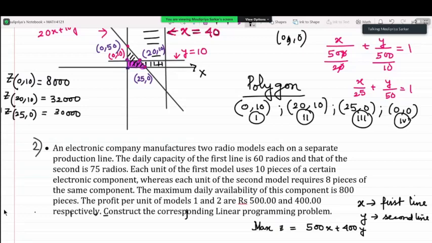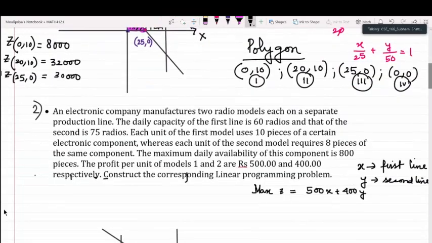What are the conditions that are going to come beneath? X will be less than or equal to 60 and y will be less than or equal to 75. X less than or equal to 60 as you were saying, y less than or equal to 75 as you were saying, and what else? 10x plus 8y less than or equal to 800.